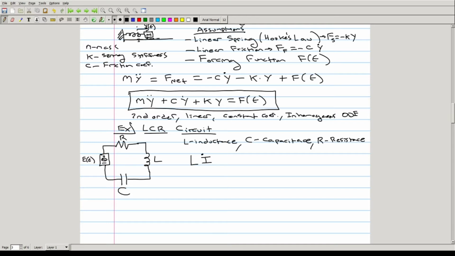L I double dot plus R times I dot plus 1 over C times I is equal to the derivative of the voltage being pumped into the circuit as a function of time.